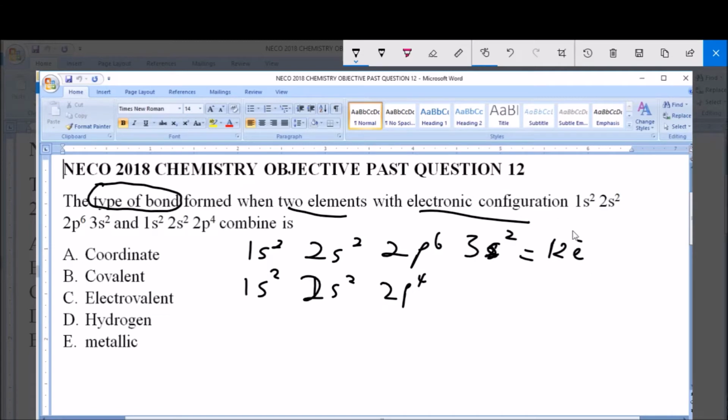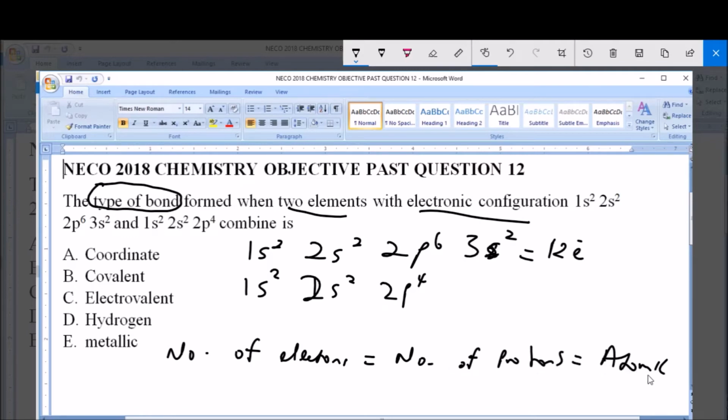and the number of electrons is equal to the number of protons, and the number of protons is equal to the atomic number. So if an element has 12 electrons, it has 12 protons, and its atomic number is 12, and atomic number 12 is magnesium.